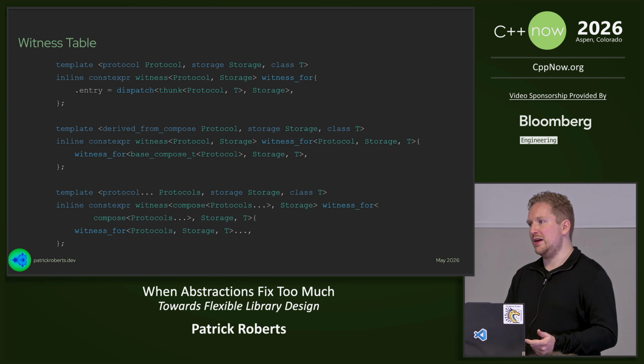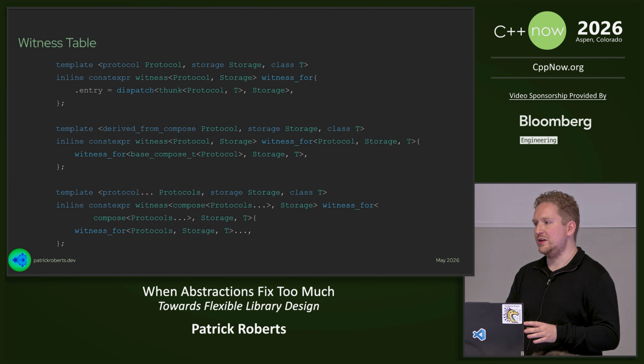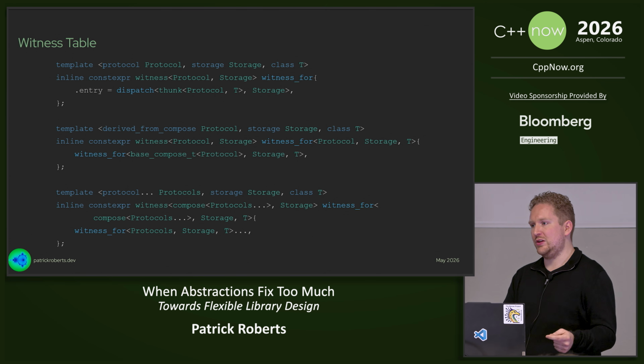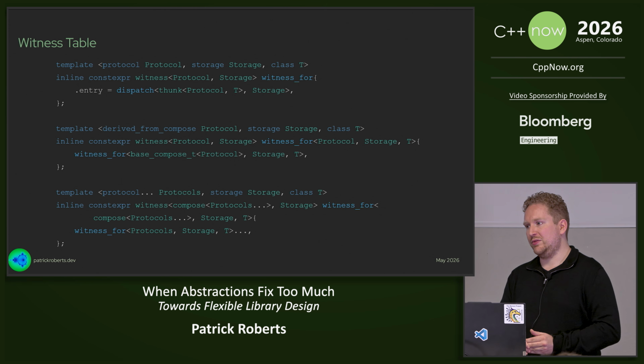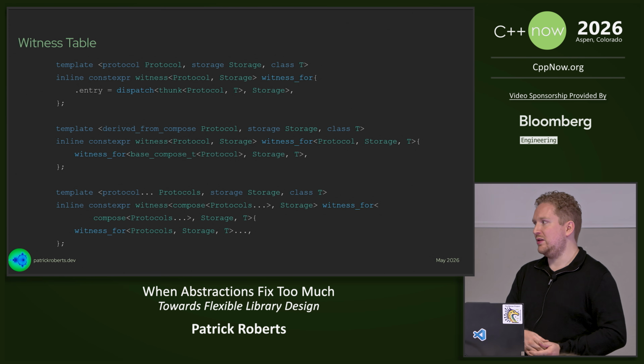But the way that I think about it is that the translation unit has knowledge of the concrete type T, and so that translation unit instantiates the witness table for that concrete type. Outside of that translation unit, if you pass that existential type somewhere else, other translation units don't need to compile that witness table again.